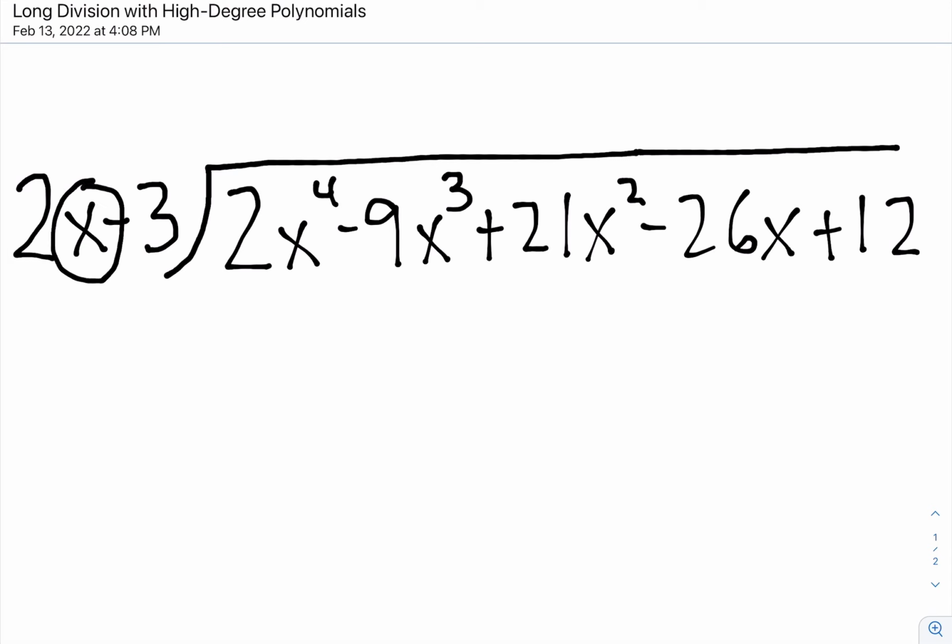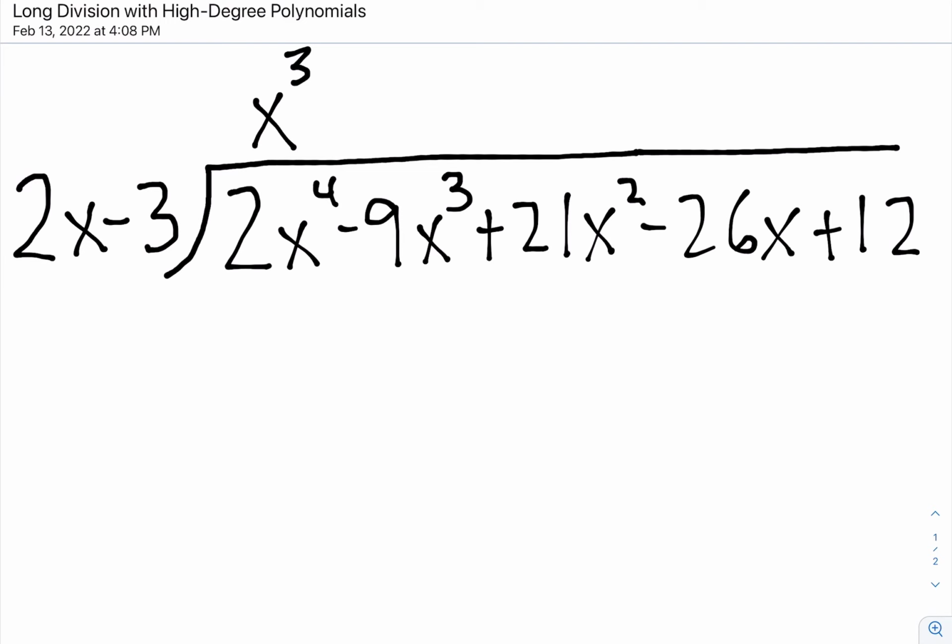We can fit 2x minus 3 into 2x to the fourth x cubed times, because if we multiplied 2x by x cubed, the exponent on the x would become x to the fourth.